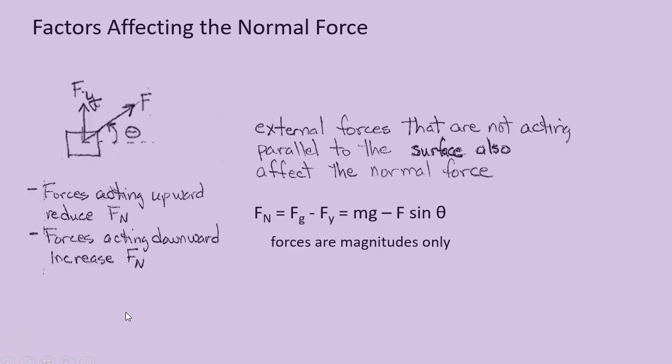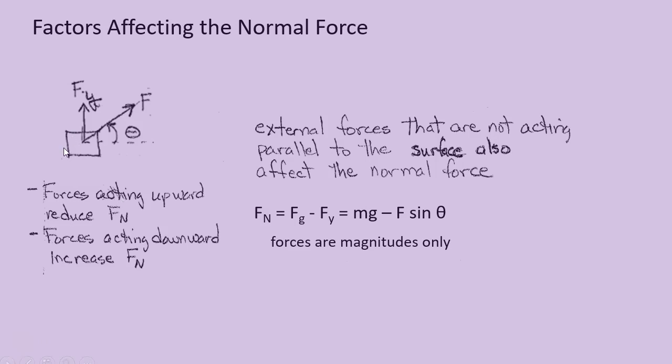Let's move on to one other situation where the normal force is not equal to the weight of the object. And that's when we have an external force that's not acting parallel to the surface. It will either increase or decrease the normal force compared to the weight of the object resting on the surface. So here we have an example.